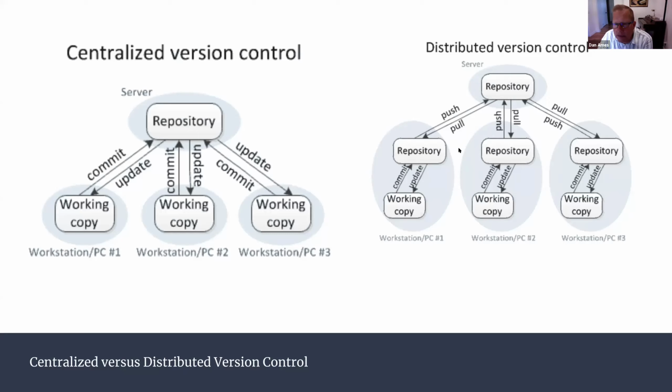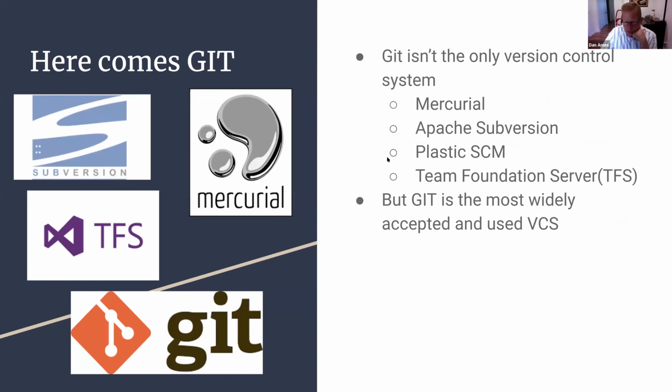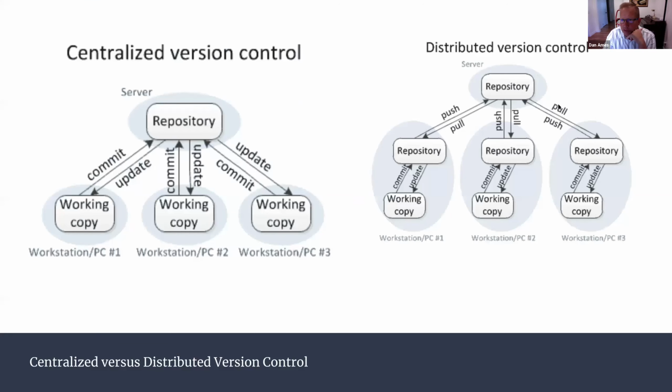Note that Linus invented it in such a way that you could actually push directly from my repository to Alma's, or Alma can push directly to Geo's, or I can pull from Geo's into mine. But that's a little inconvenient. And so normally what we do is we have a centralized one that we're all pushing to.